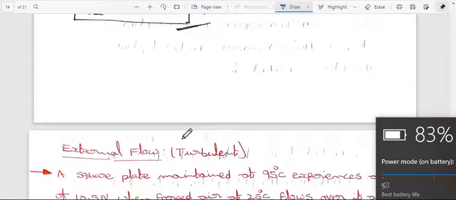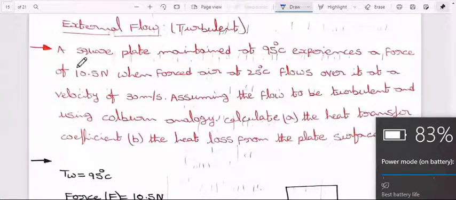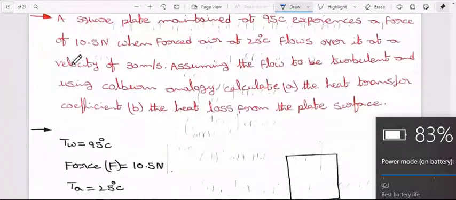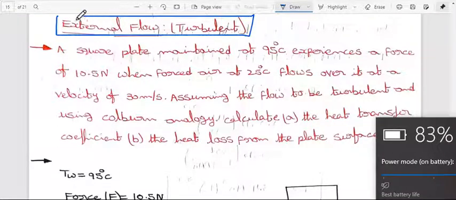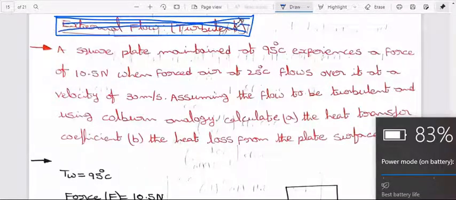So coming to the next question. Here a square plate is maintained at 95 degrees centigrade. I mentioned external flow turbulent. You should not simply consider whether it is turbulent or laminar.